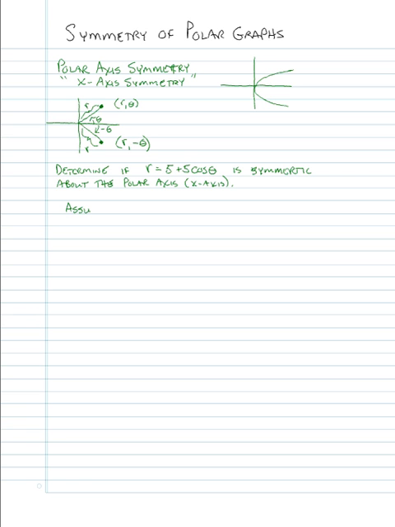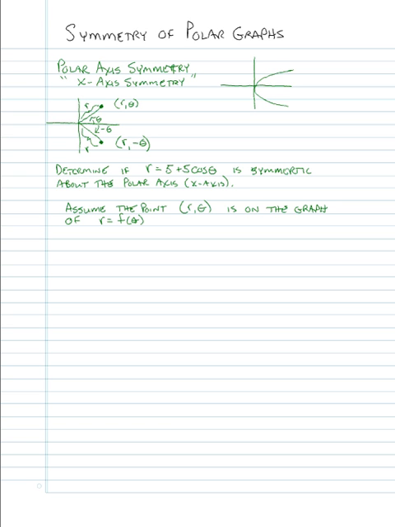Assume that the point r comma theta is on the graph of some function, let's say r is equal to f of theta, just for argument's sake.